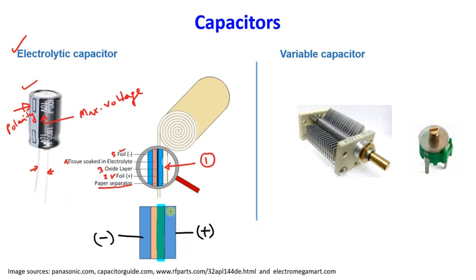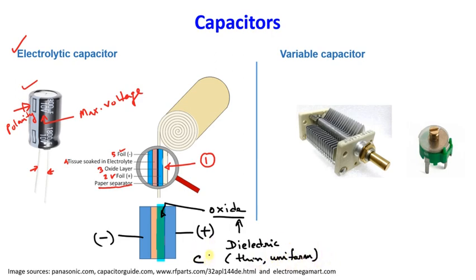Now this oxide, which is formed due to this electrolytic action, would work as a dielectric for this capacitor. So in an electrolytic capacitor, the dielectric is formed when bias is applied, and this dielectric is thin and quite uniform.